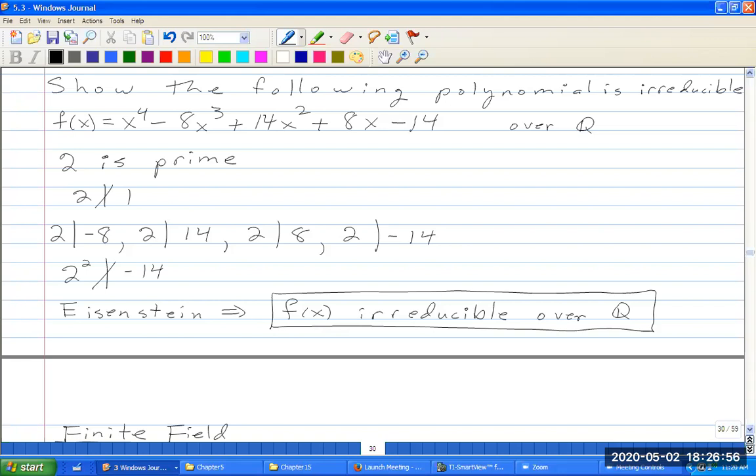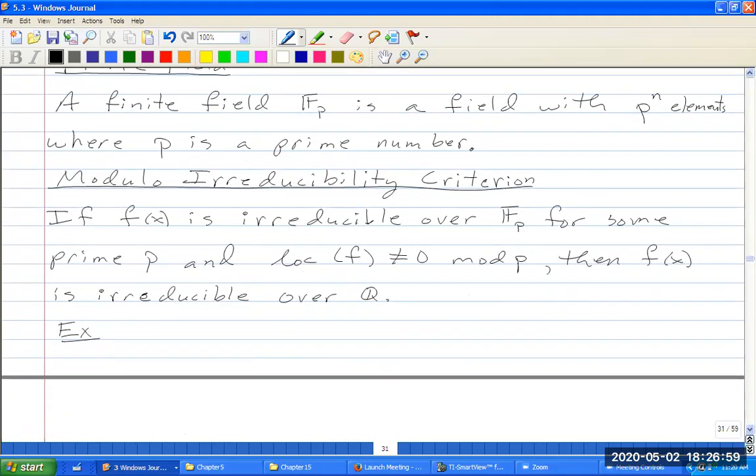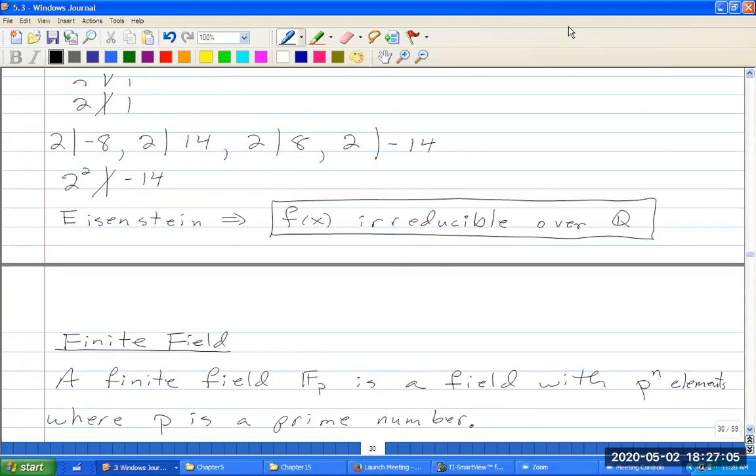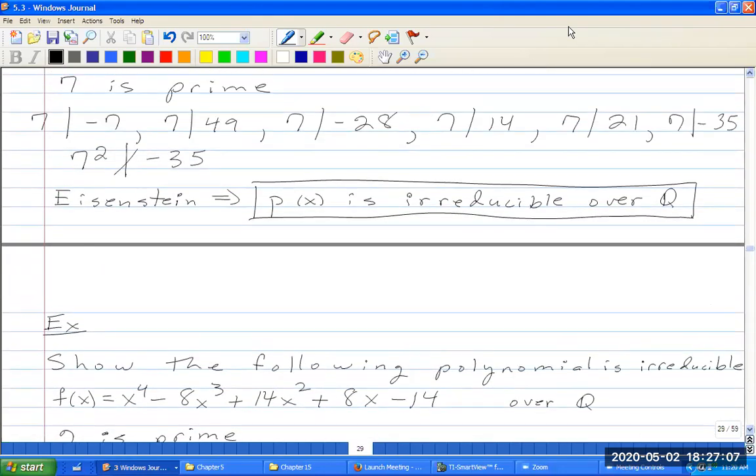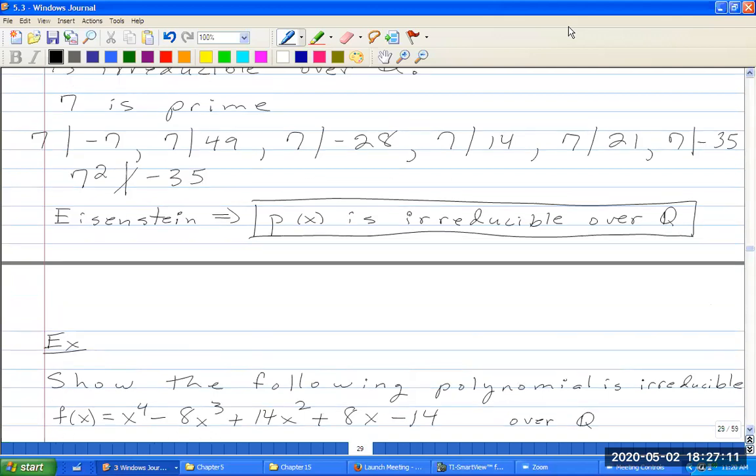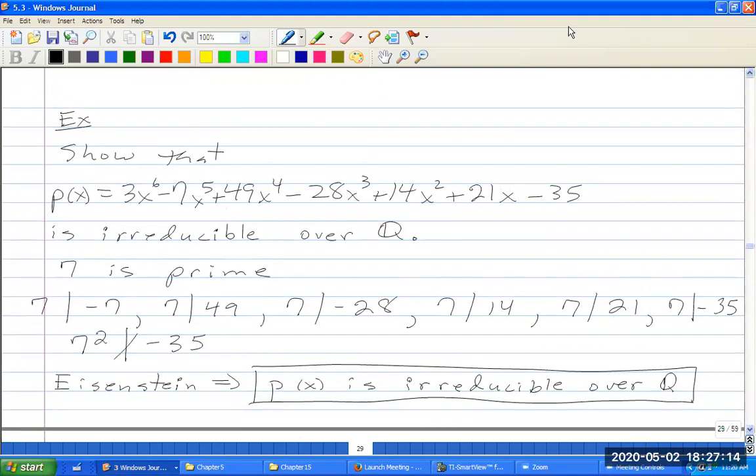Next, finite fields. Wait, Professor, can you repeat that again? It kind of faded away from me. Oh, I'm sorry. So he was asking if I would specifically say which criteria to use to show if things are irreducible on the test.